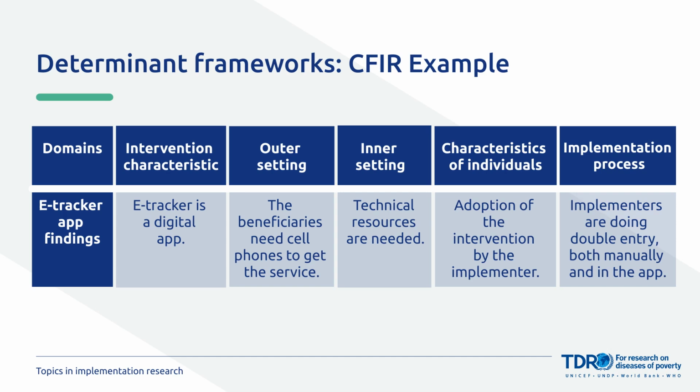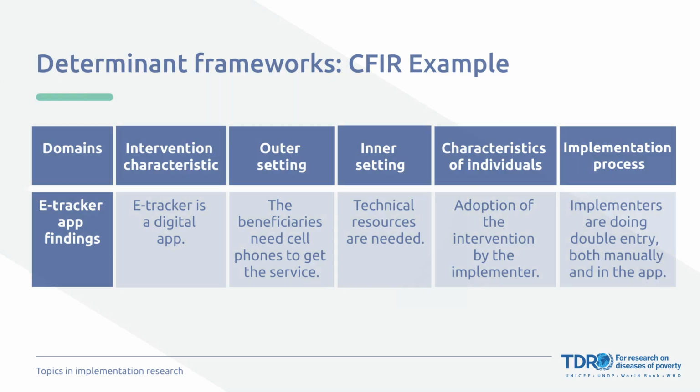Also, implementers were entering information twice, both manually and in the app, as they were required to keep a hard copy of the population record. The beneficiaries also need to have a mobile phone to get the vaccination reminders. Access to a mobile phone would likely be determined by their socio-economic status.